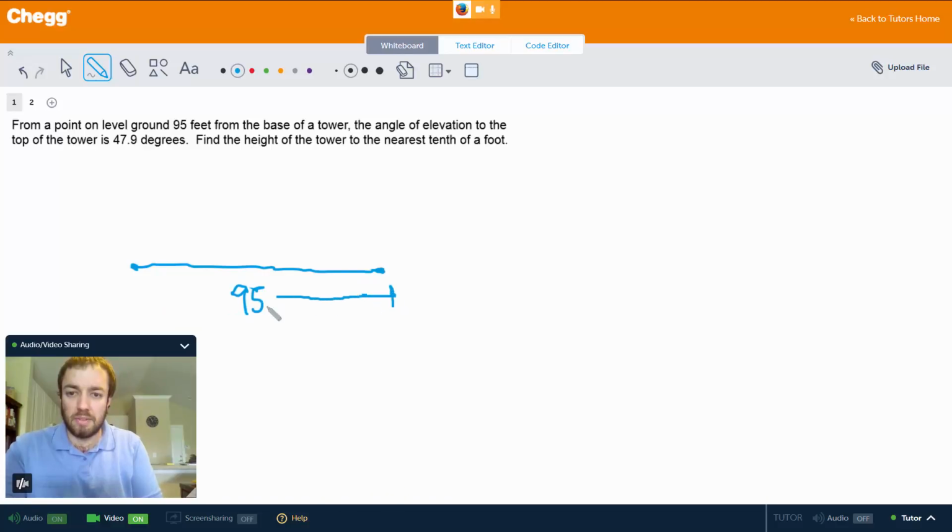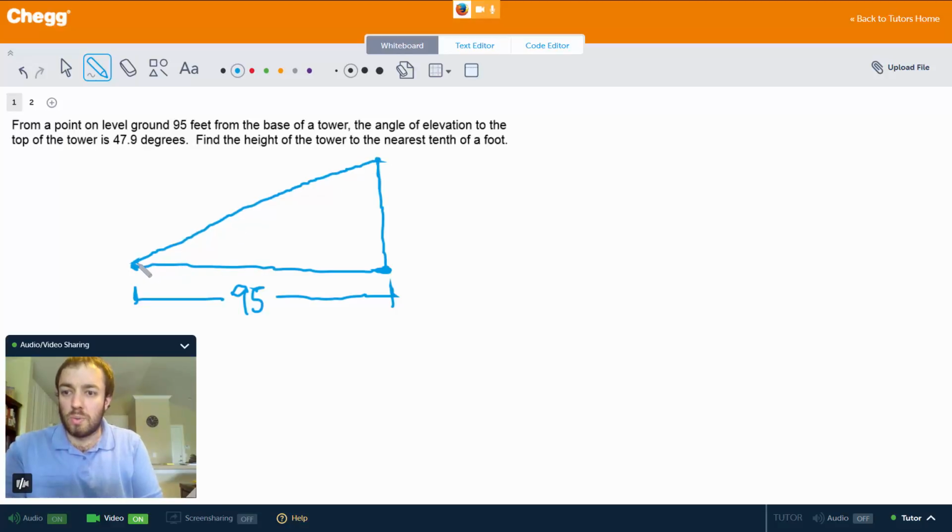And then here's the base of our tower. We're told that the angle of elevation to the top of the tower is 47.9 degrees. So I'll just put the tower up here, our little tower over here.